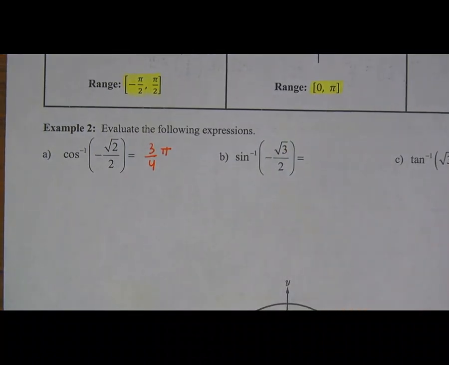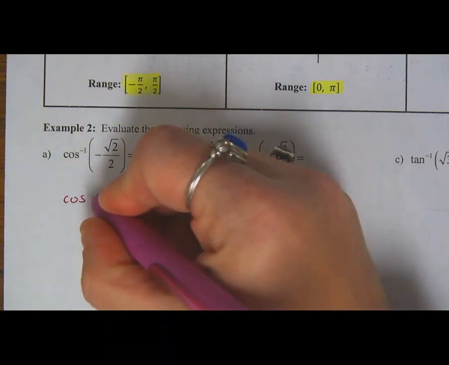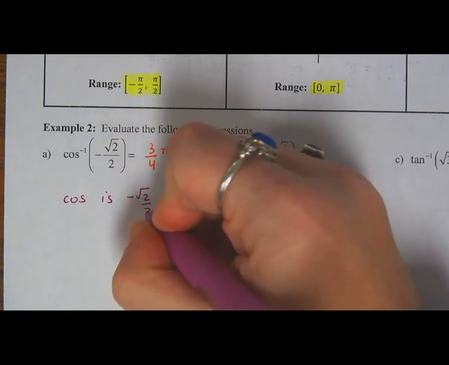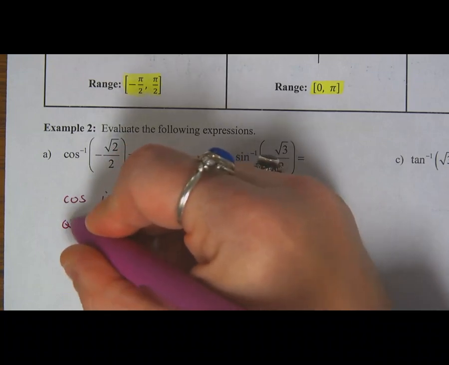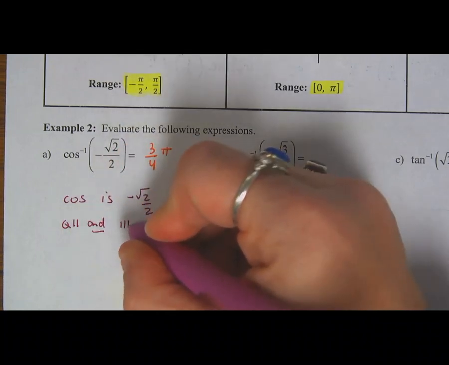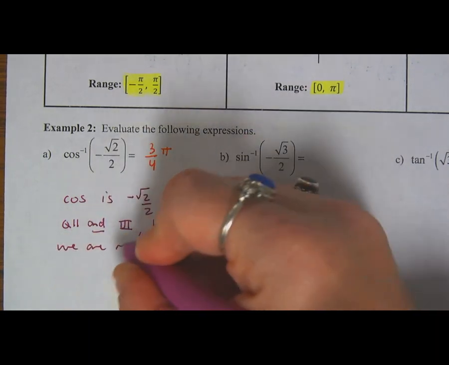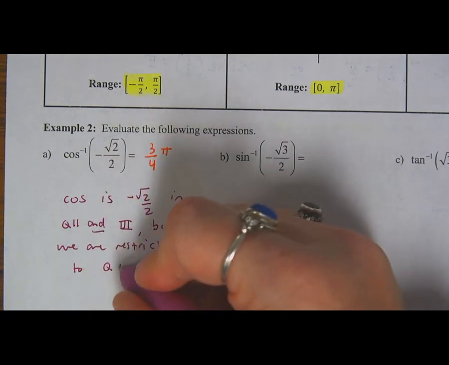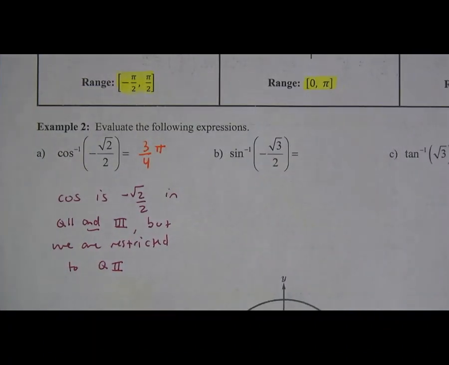And I just want you to make a note to yourself. Cosine is negative root 2 over 2 in quadrants 2 and 3, but we are restricted to quadrant 2 as being our only answer for the arc cosine because of that shaded region right there.